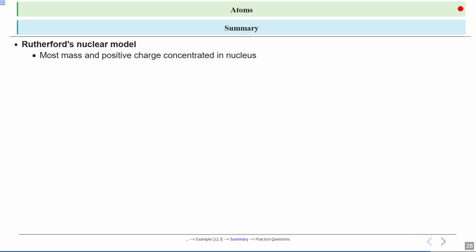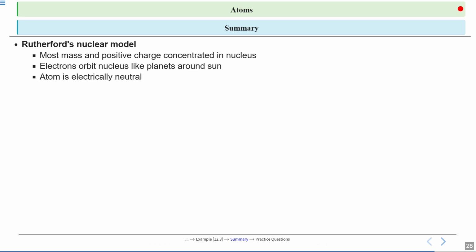According to Rutherford, almost all the mass and all the positive charge of atoms are concentrated in a tiny central region called the nucleus. In Rutherford's model, electrons move around the nucleus in orbits, similar to how planets orbit the sun. Another important point is that the atom as a whole is electrically neutral.